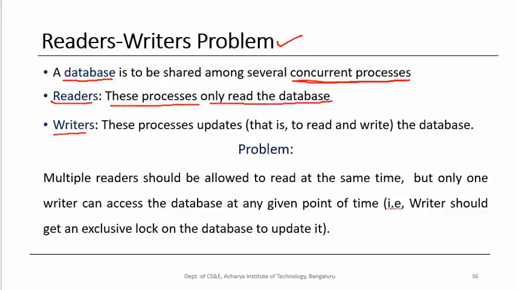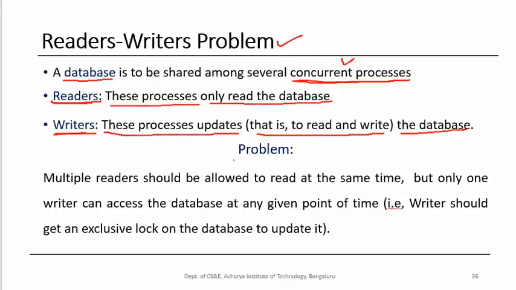It means they don't update the database. Writers are those processes which update the database. That is, they read and write. Read first and then update the database. So there are two categories of processes which are running concurrently, readers and writers.